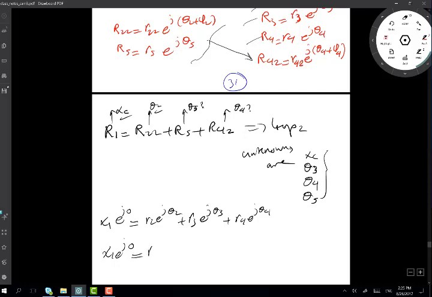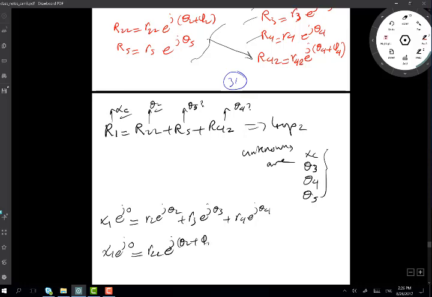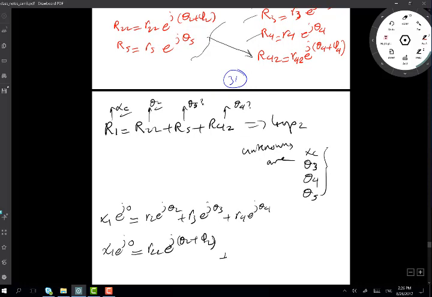That's equal to r22 e^(j(θ2+φ2)), which is constant, plus R3. No, this in fact should be R5. So this should be r5 e^(jθ5) plus r42 e^(j(θ4+φ4)). All right.